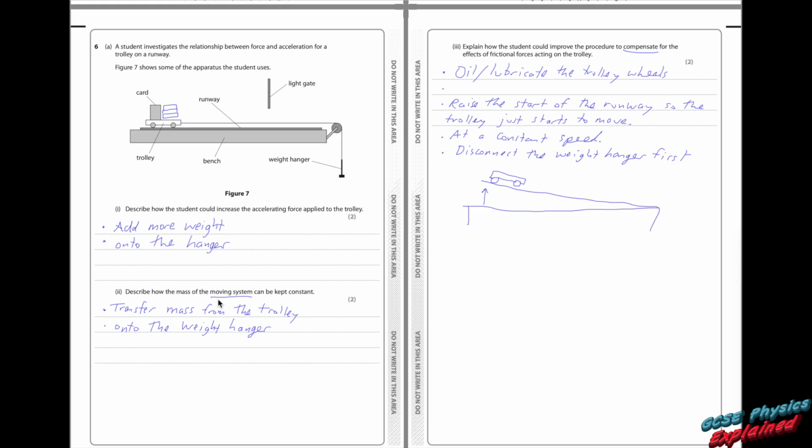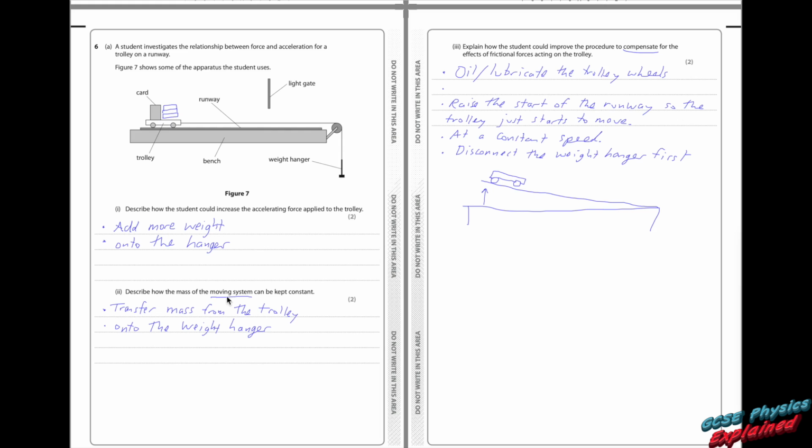So first of all, what confuses students is, what is the moving system? Well, it's just anything in the system that's moving. So it's the trolley with the card, it's this wire, and it's the weight hanger. So I believe that there's a little bit of a mistake here. Normally what happens is there are some masses already on the trolley.